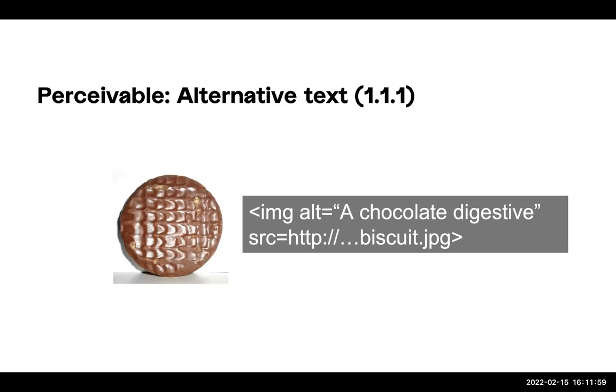Let's talk about some example guidelines. For example, 1.1.1. This success criterion is all about non-text content. All non-text content that is presented to the user should have a text alternative that serves the equivalent purpose. For example, this image here represents a digestive chocolate biscuit.